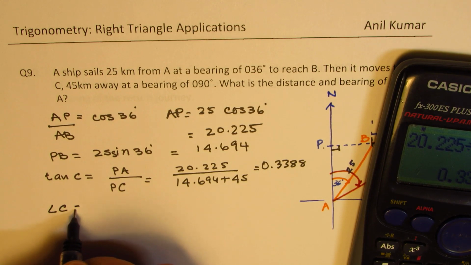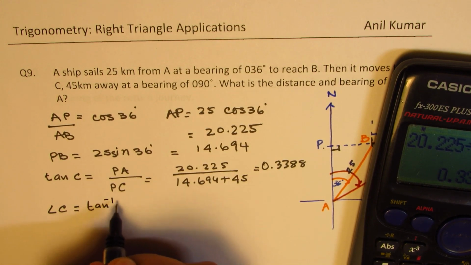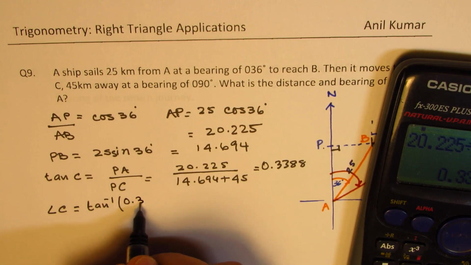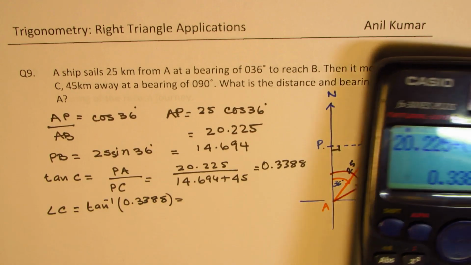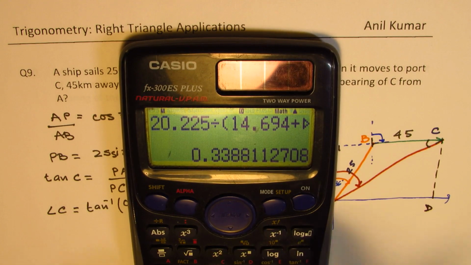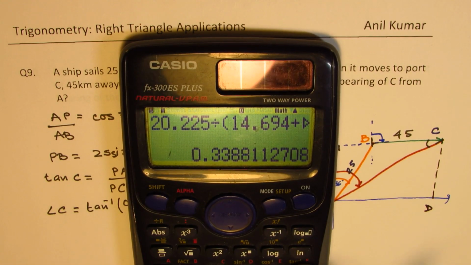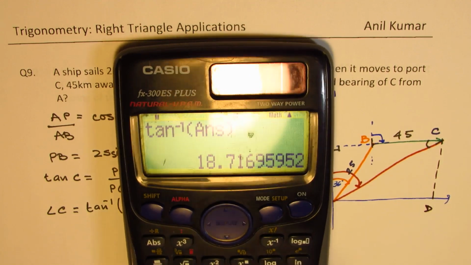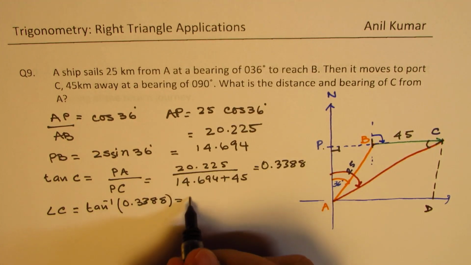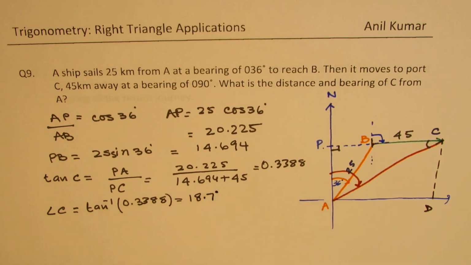So if I do tan inverse, I get the angle C, right? So the angle C is equal to tan inverse of 0.3388, which is, so we'll do shift tan inverse of our answer, and that is 18.716. We can write this as 18.7 degrees. Correct.